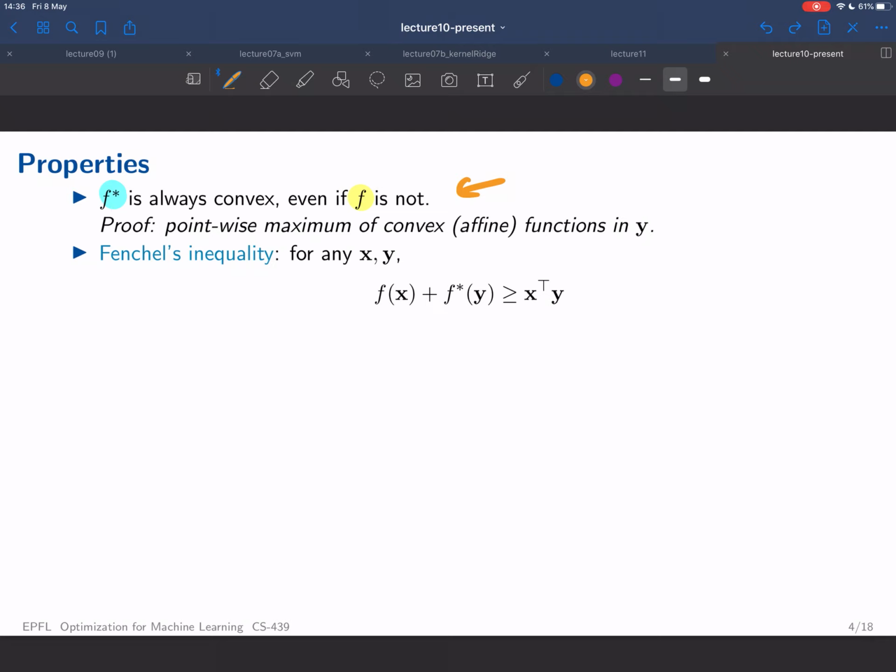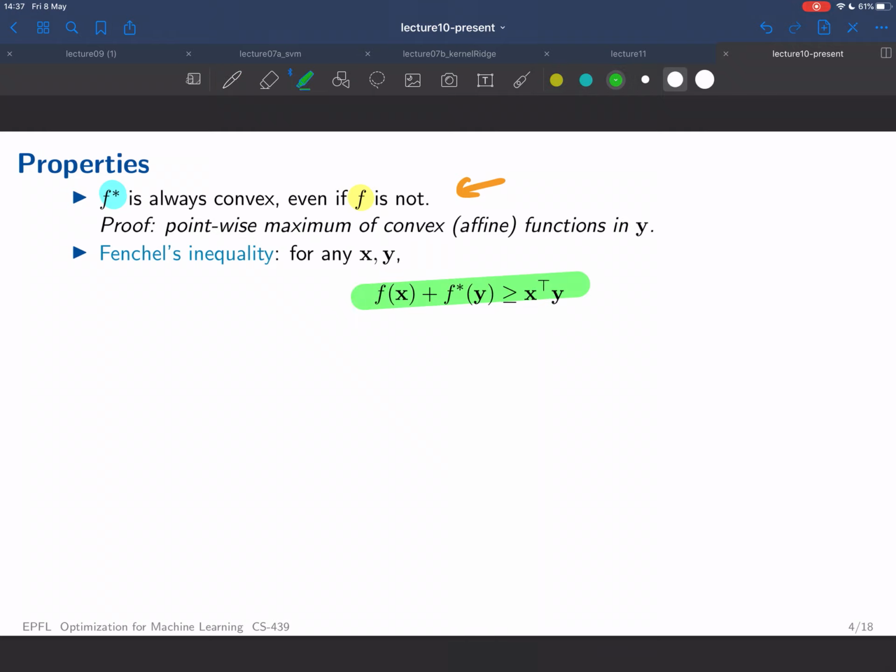Another thing is the Fenchel inequality, which is basically the core property of this whole concept. It's the main thing which will allow you to relate f and f star together. So what's their connection? That's the Fenchel inequality, written here.